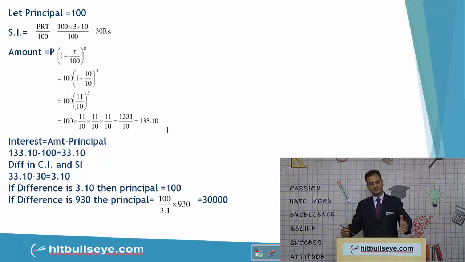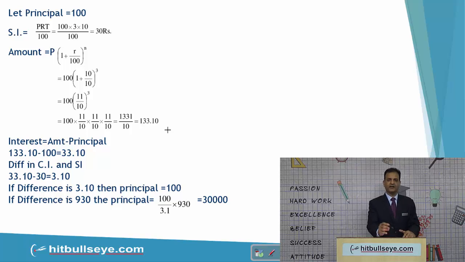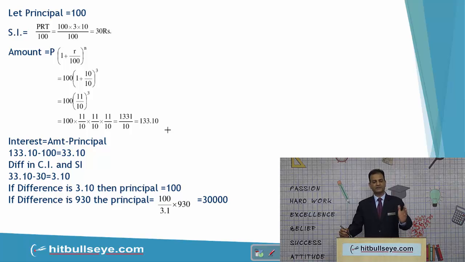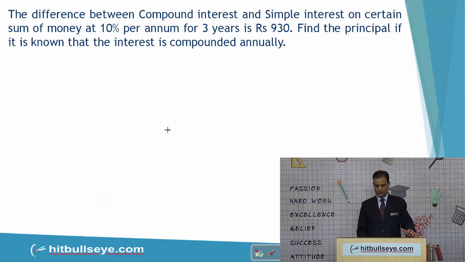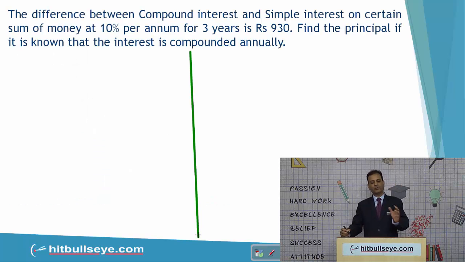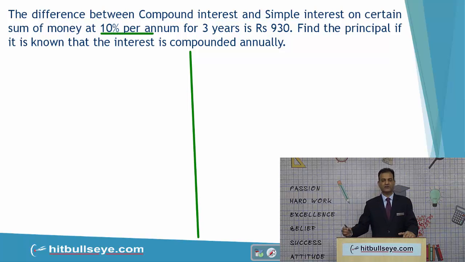Principal equal to 100, like in school you used the formula P into R into T by 100, find the simple interest, then the compound interest, then the difference, and then apply the unitary method. But if you want to do it straightaway, you should know the difference between compound interest and simple interest at a 10% rate for 3 years.